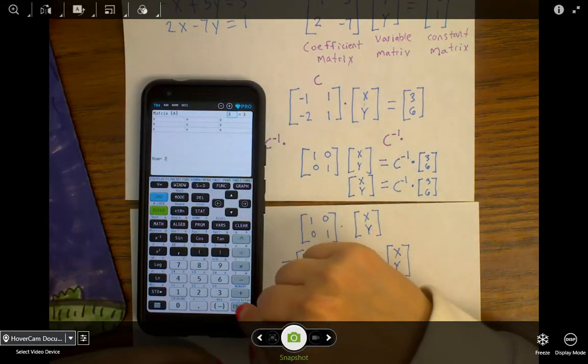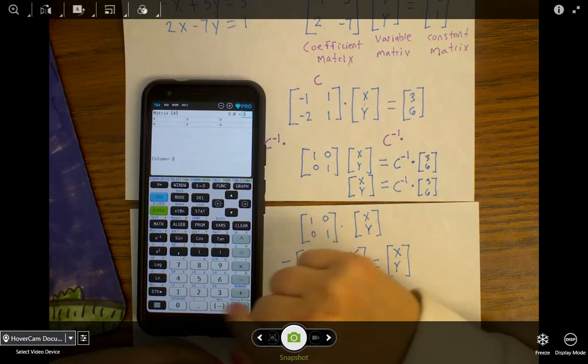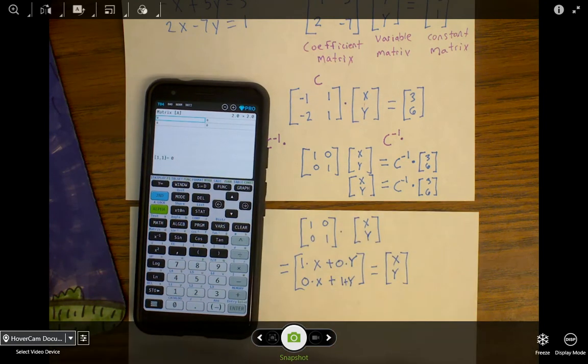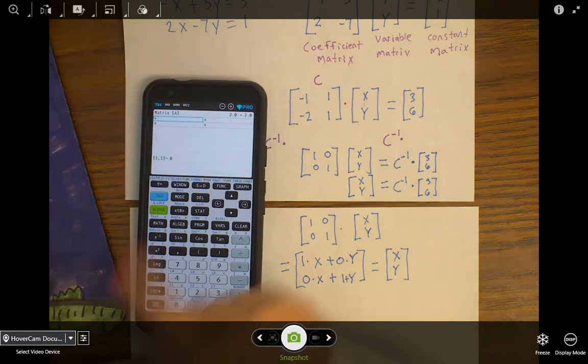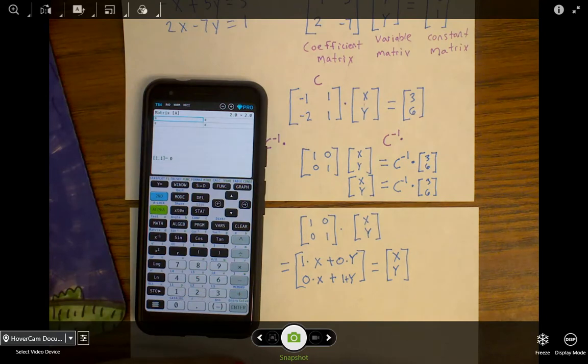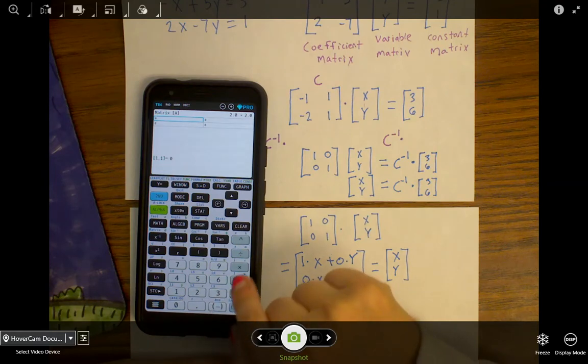So I'm going to enter 2 and then enter, and then 2 and enter. And you would do the same thing on your normal TI-84 graphing calculator. And notice now it gives me a 2 by 2 matrix. And so then I'm just going to enter in those values. Make sure that if you're entering in a negative, you do have to use the negative button. Don't use the subtraction button because it will give you an error.